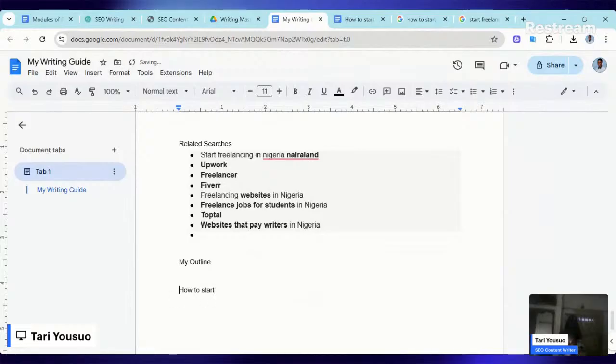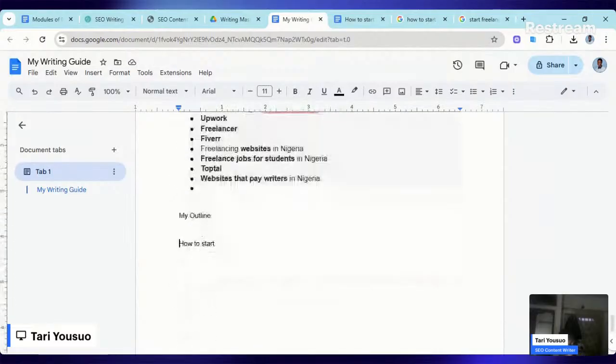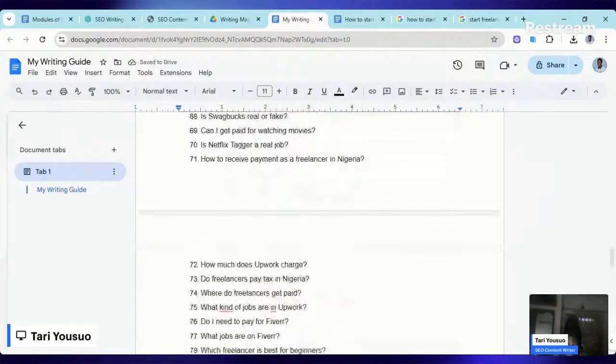So actionable steps, how to start freelancing. Actionable steps. So not just theory, but what the person can do.